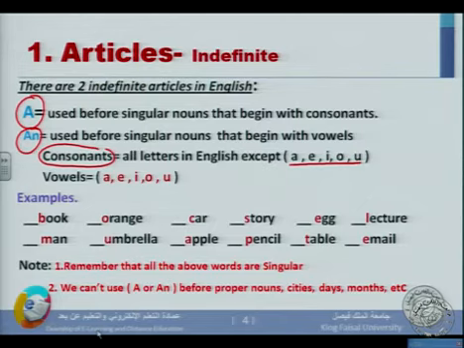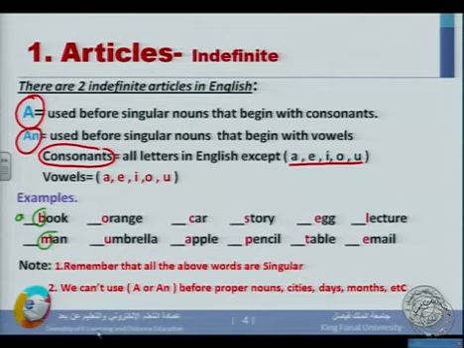Now, the first point is that a is used with a singular noun. For example, book, كلمة book, كتاب, تبدأ في حرف B. B is a consonant, حرف ساكن. إذن ماذا تأخذ؟ A or an؟ تأخذ a.